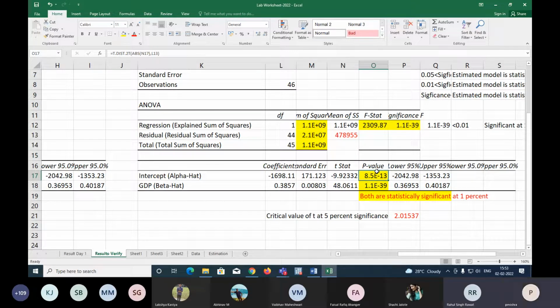What was my null hypothesis? Beta is equal to 0. And I have formed here a 95% confidence interval.